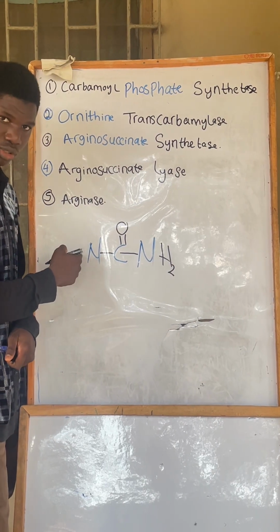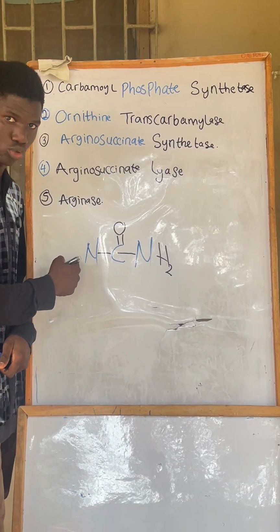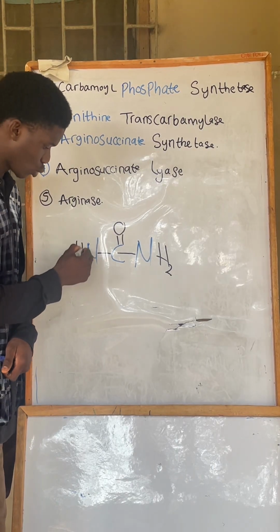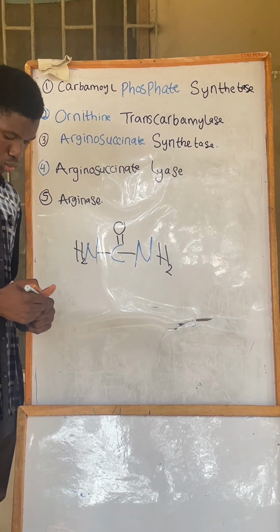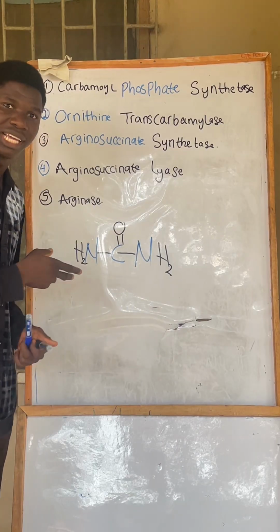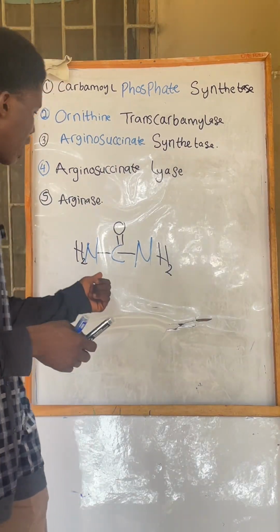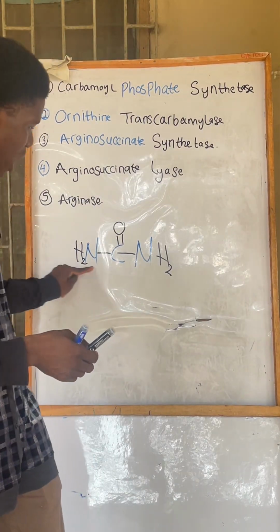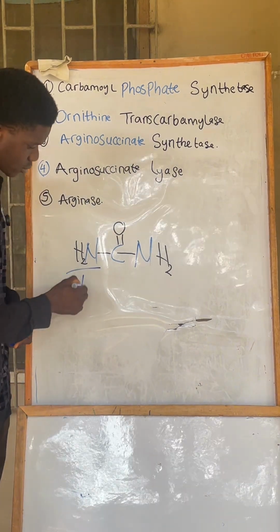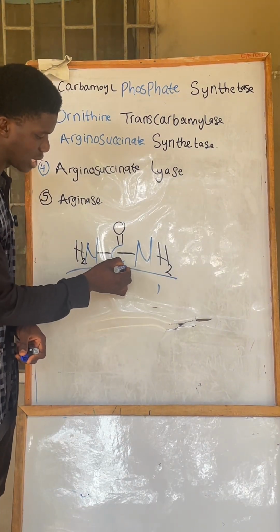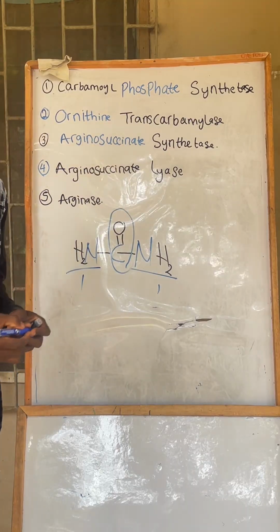The other nitrogen should also take two hydrogens, H2. So this is the structure of urea: two nitrogens, that is two amino groups, with a carbon between them.